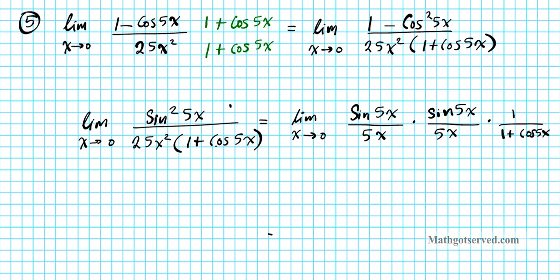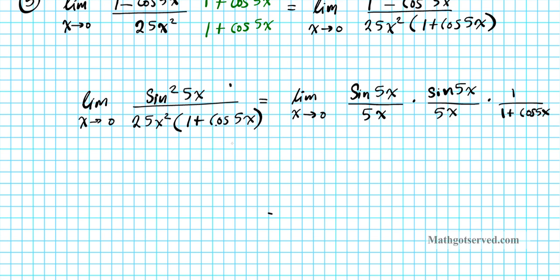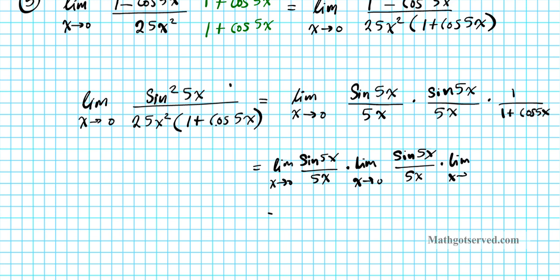Well, the limit as x approaches 0 of sine 5x over 5x, this one's going to be 1, times the limit as x approaches 0 of sine 5x over 5x. This is going to be 1 also. Times this little guy over here, the limit as x approaches 0 of 1 over 1 plus cosine 5x.